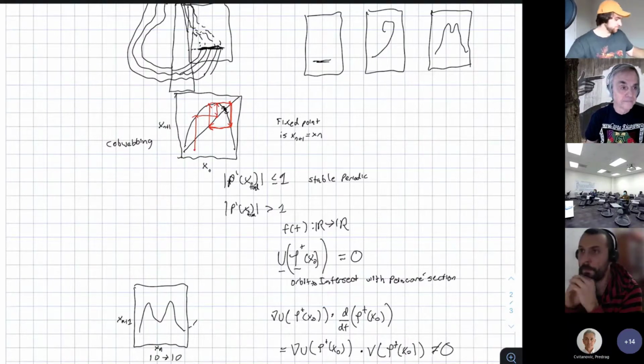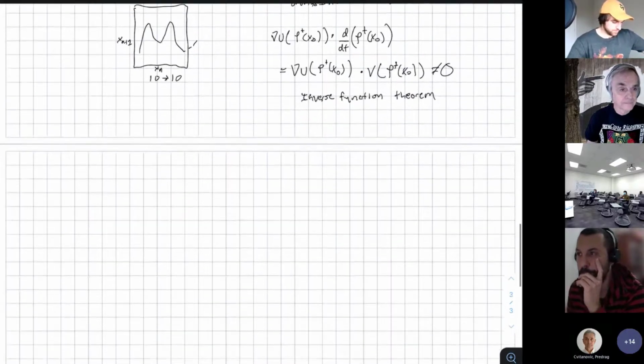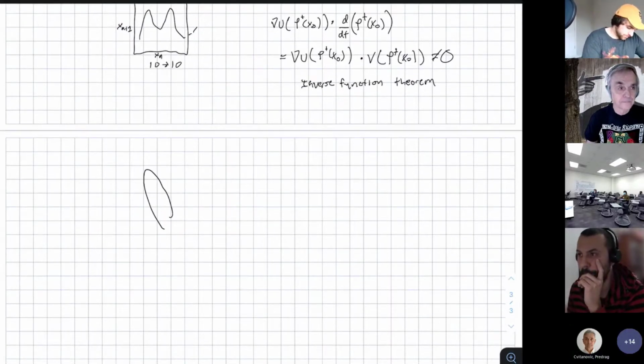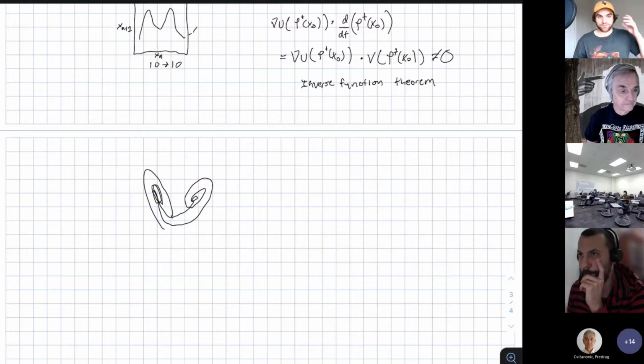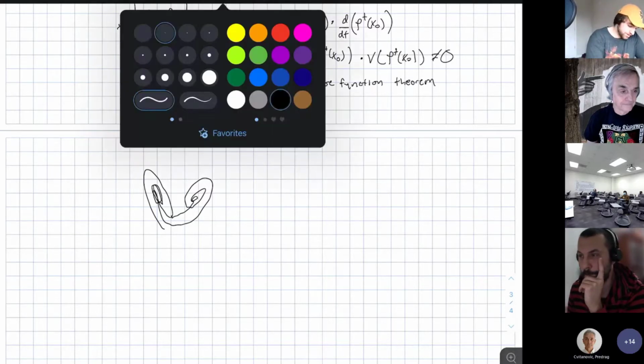So what you would imagine is, let's say I have the two butterfly wings. Okay, two butterfly wings. That's a terrible picture, but whatever. Anyways, you pick a given Poincaré section.